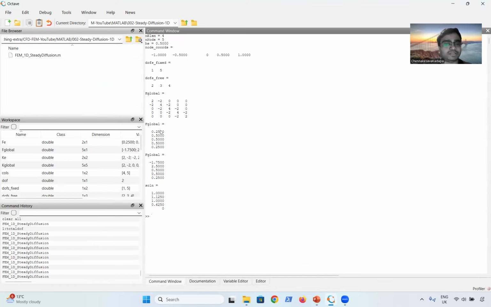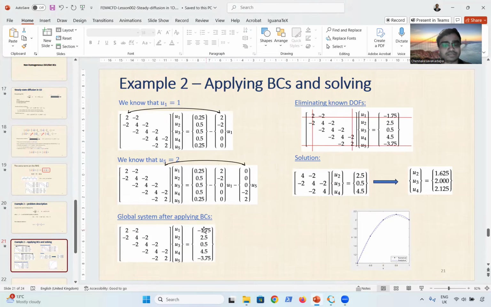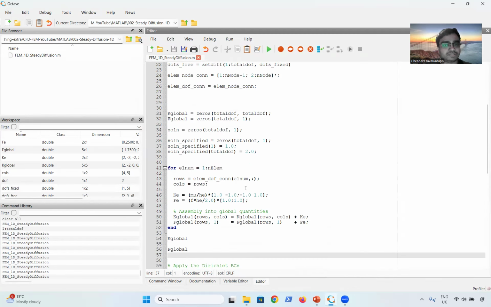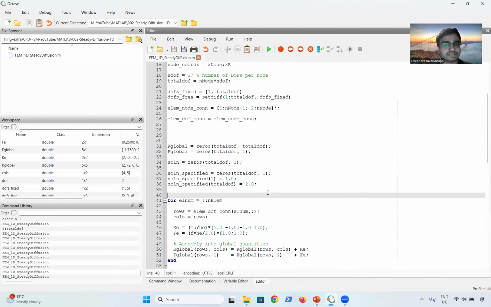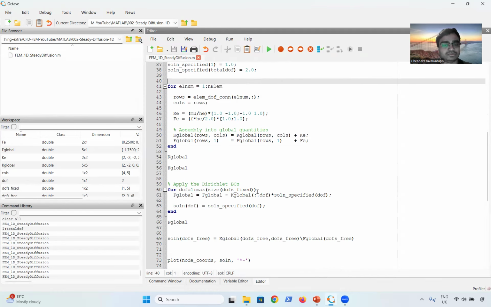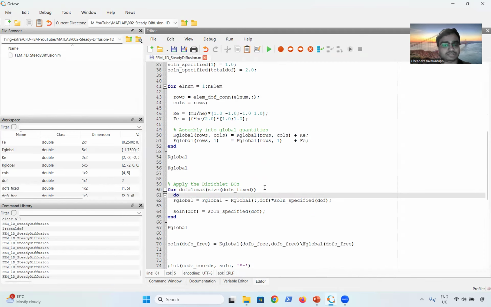So before we apply the boundary conditions, this is fine. But after we apply the boundary conditions, only the first one is correct, but the last one is not correct. I'm glad we have this bug, so we can fix it. If something is going wrong, then you can check what is going on just by printing.